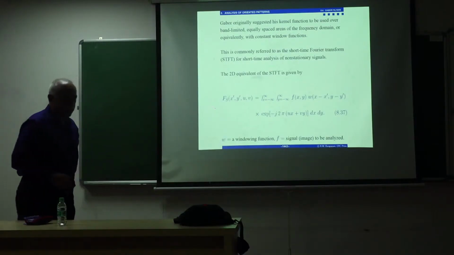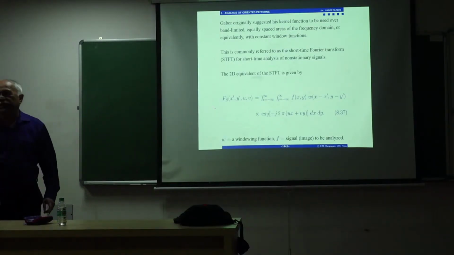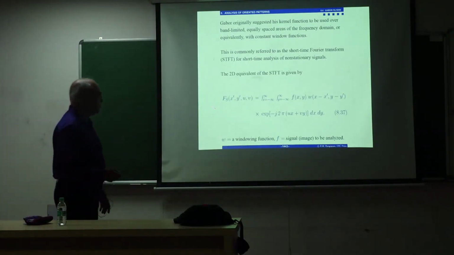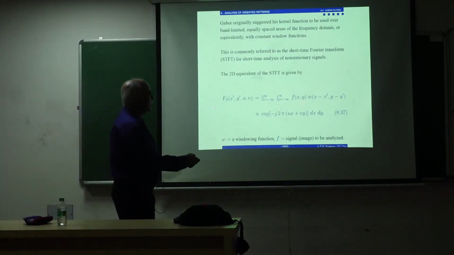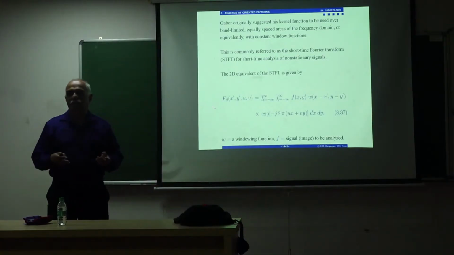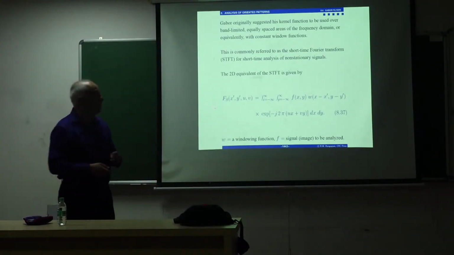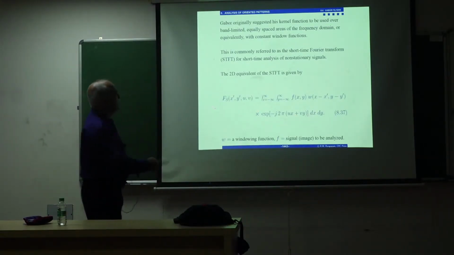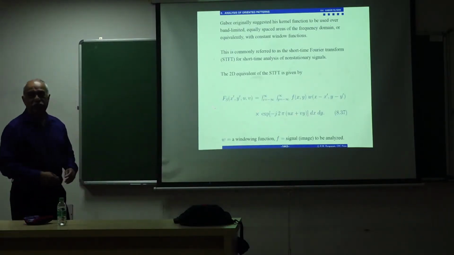Similar to the short-time Fourier transform that is used in speech signal processing, we can apply a window function to the image, f(x,y), multiplied with a window. The window could be rectangular, square, Gaussian, whatever you want it to be, and then the Fourier transform. This is the short-time Fourier transform.